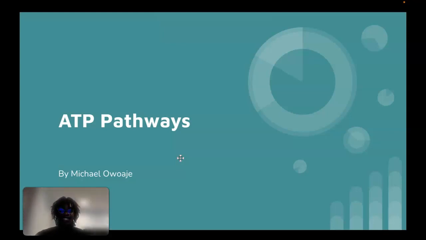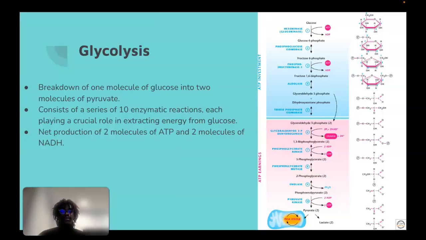Now let's delve into the fascinating world of glycolysis, a fundamental process in cellular energy production. Glycolysis is the breakdown of one molecule of glucose into two molecules of pyruvate. This process is anaerobic and occurs in the cytoplasm of the cell.